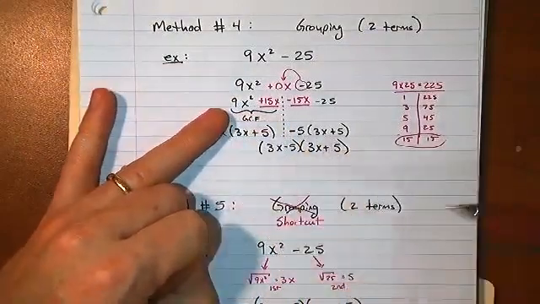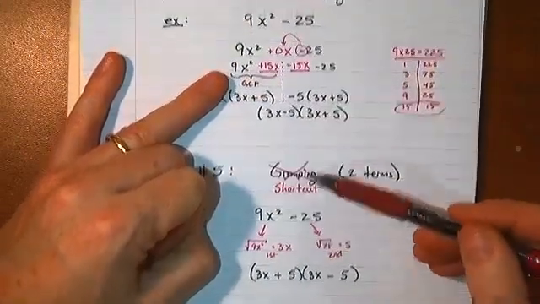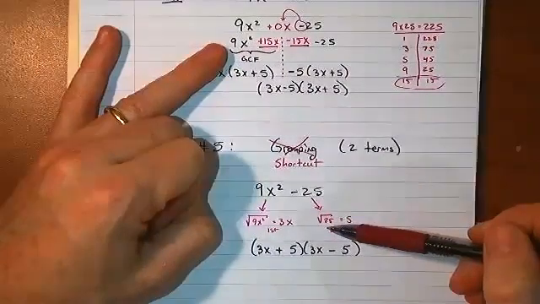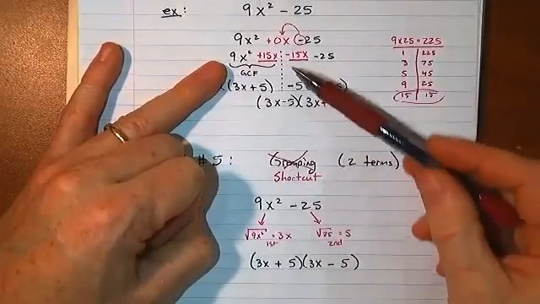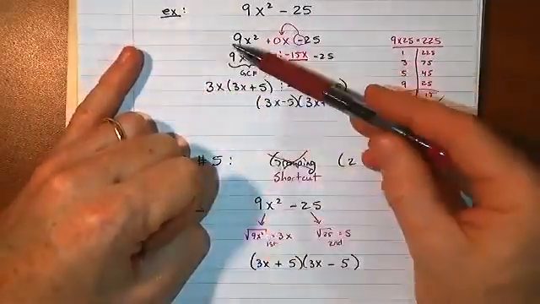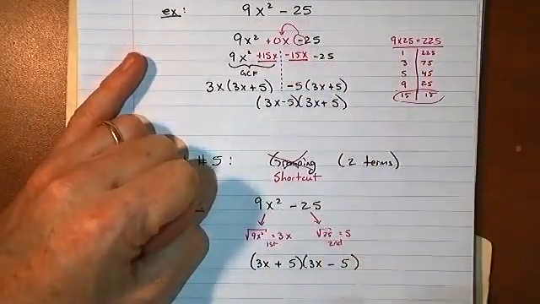If it has 2 terms, it also has to have a minus sign. Okay, so it doesn't matter if you're doing grouping or if you're doing the shortcut. If it has 2 terms, we're going to use problems that have a minus sign. And last but not least, these 2 things have to be things that I can take the square root of.